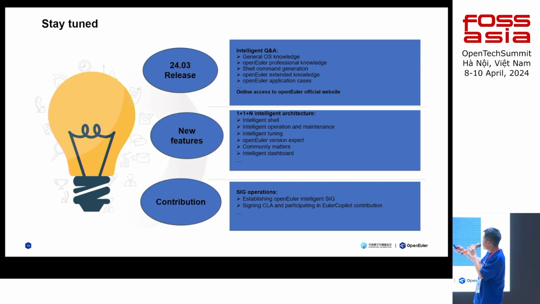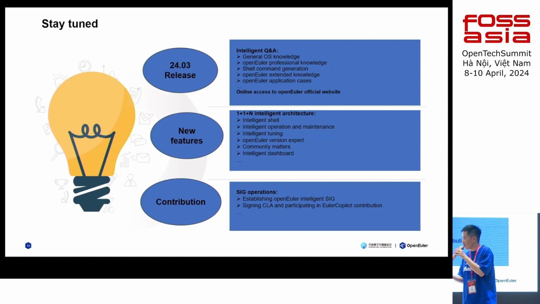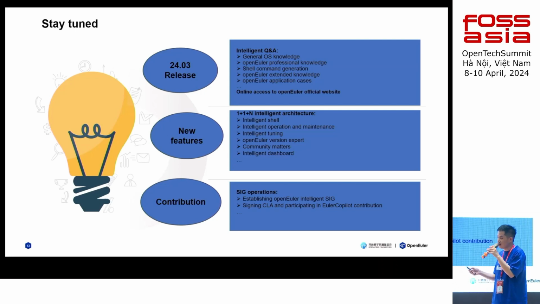The new features I just mentioned, the intelligent shell, intelligent operation and maintenance, intelligent tuning, openEuler version expert, and so on, may be released successfully. And we welcome all of you who have an interest in AI applications to join us. We are managing to create the openEuler intelligent SIG. And you can sign the CLA and participate in the EulerCopilot contribution.